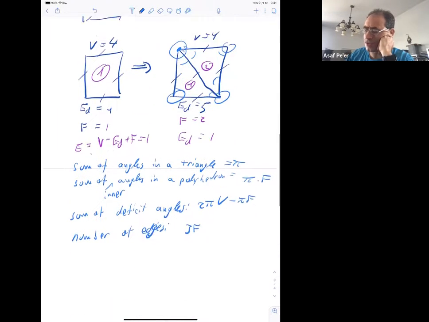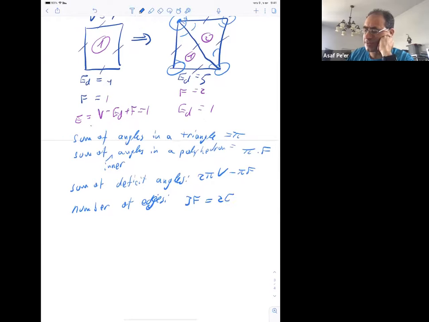So 3f is actually twice the number of edges. So I can write it down as f is equal to edges minus 2f.